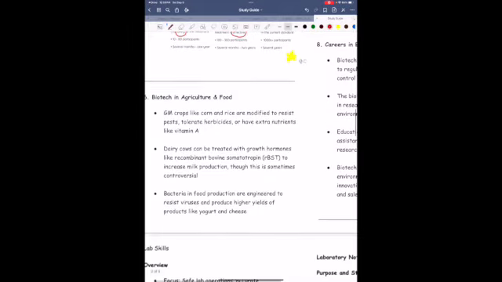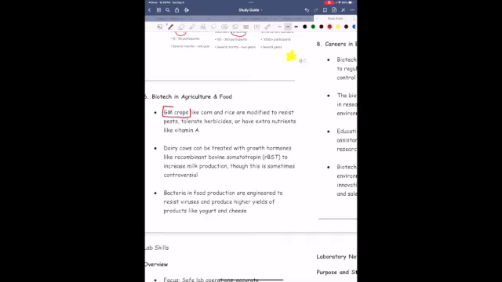All right, so now let's talk about biotechnology in agriculture. So this is going to be genetically modified crops, and if you're curious as to what GM stands for, let's just write it to make sure that we're clear. It's going to be genetically modified. So these are going to be things like corn, things like rice.